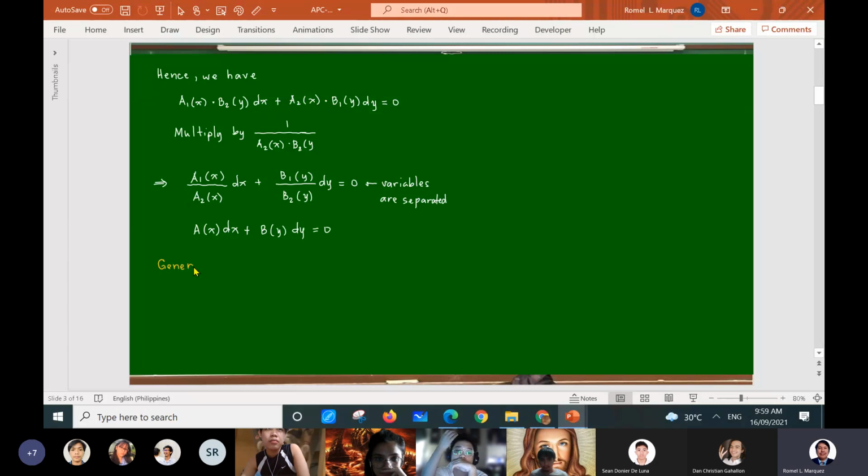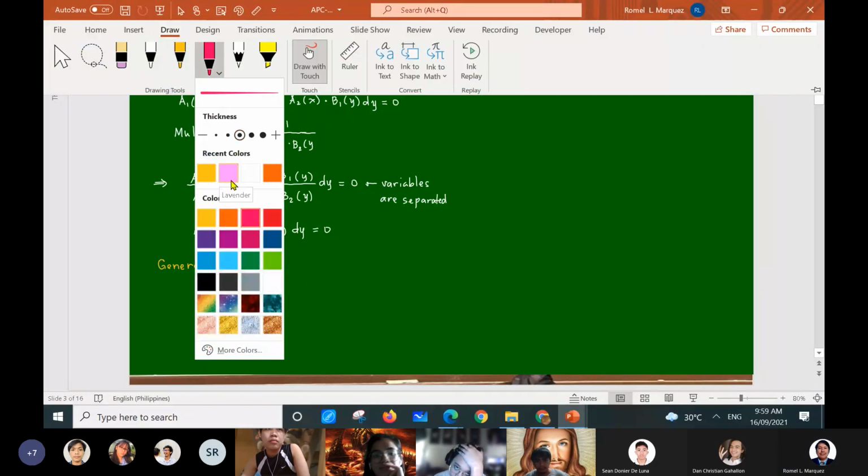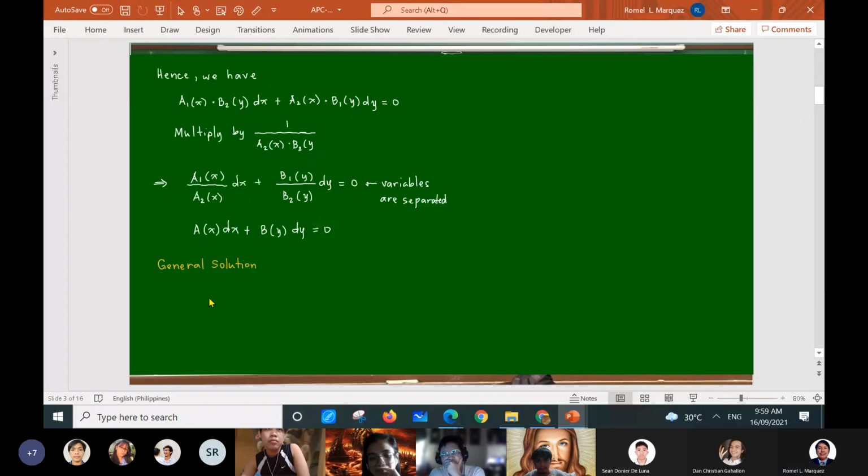The general solution is given by the integral of this first term plus the integral of the second term, and the right side, because this is 0, is equal to c after integration. Meaning it is simply a constant. Okay, guys?